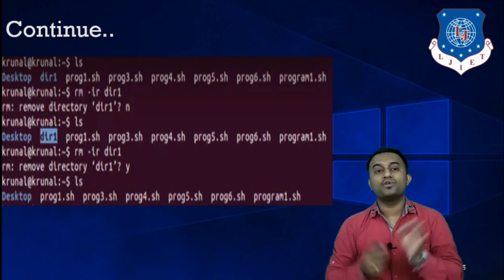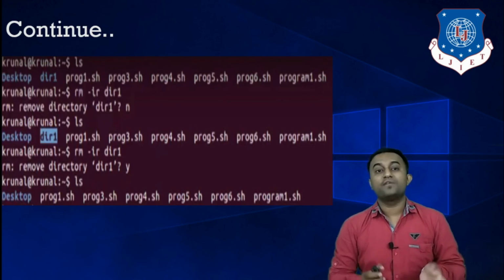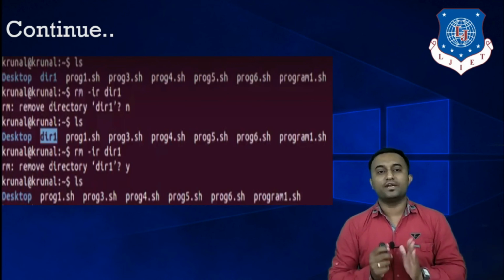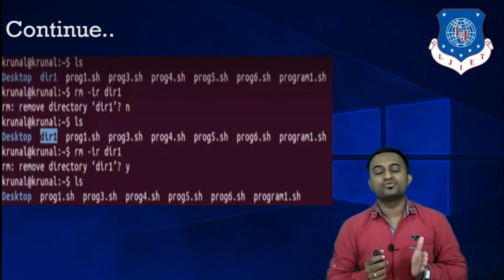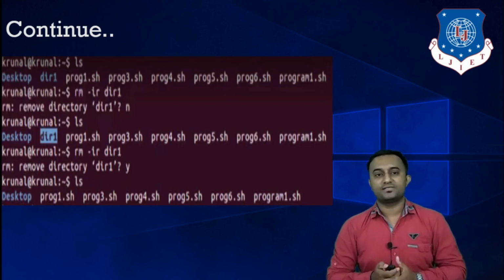If you say no, that command will not be executed. But if you say yes, definitely it will be executed. By firing the ls command, you can observe that if you press n, the directory will not be removed, and if you say yes, the directory will be removed.